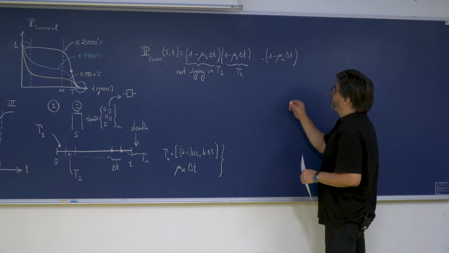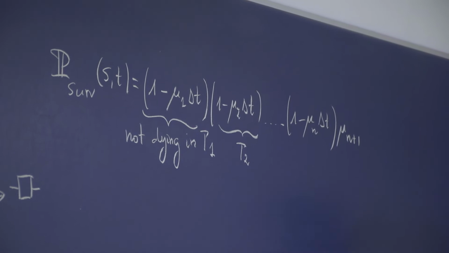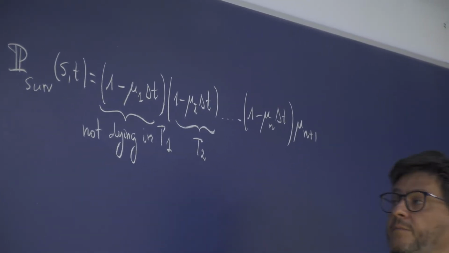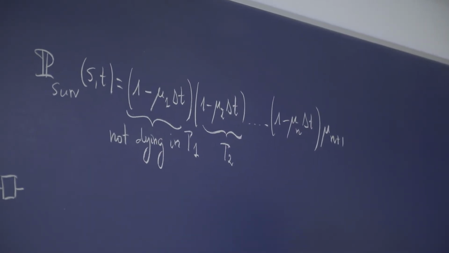And one thing I can do, for example, is actually put this as a number, the instant death rate, because we just finished, and this will be actually the general form.